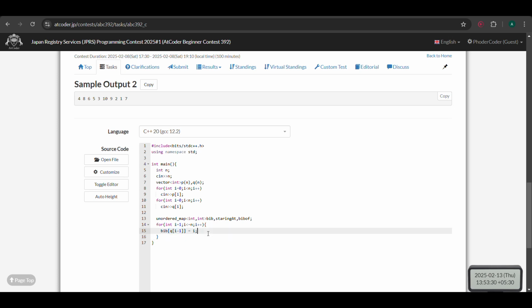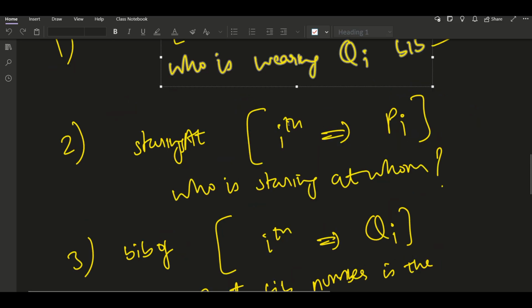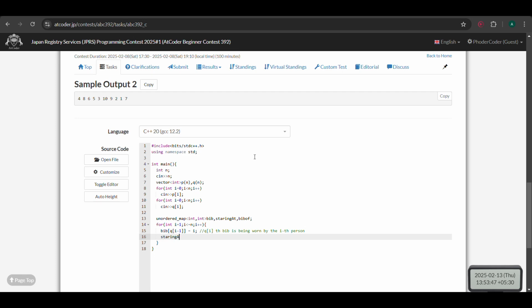So the q of ith bib is being worn by the ith person. This is the first one. Now the second one, staring at: the ith person is staring at the person p of i. Again, we have to keep in mind the indexing because we are running the loop from 1 to n.